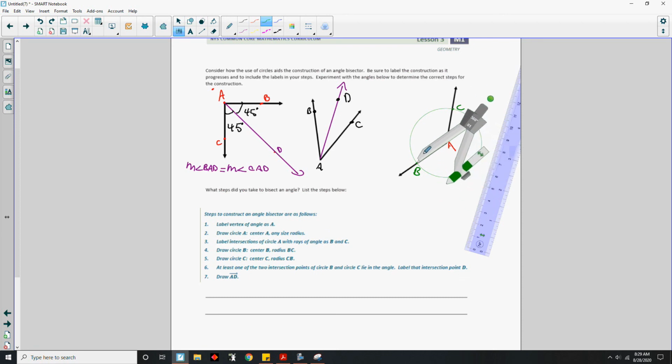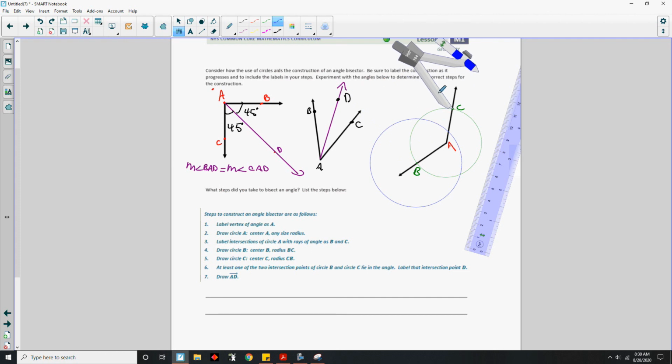Then I'm going to put the compass right on B, rotate this around, open it up, and it doesn't matter what angle I use or radius I use. I'll just put it here, draw a circle. It's got to be greater than A though. It has to be longer than AB. If it's too short, they will not intersect.